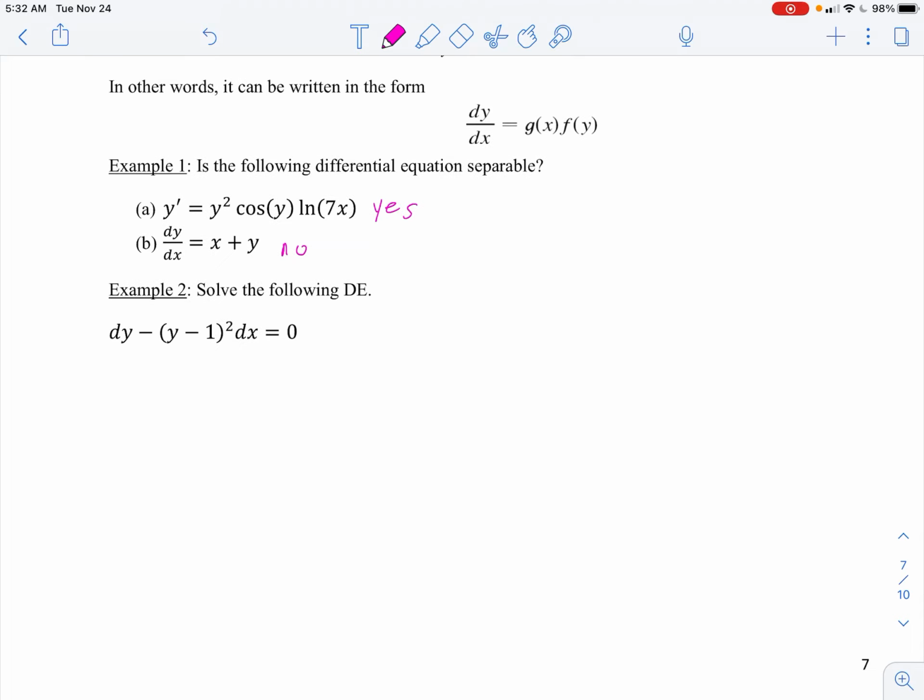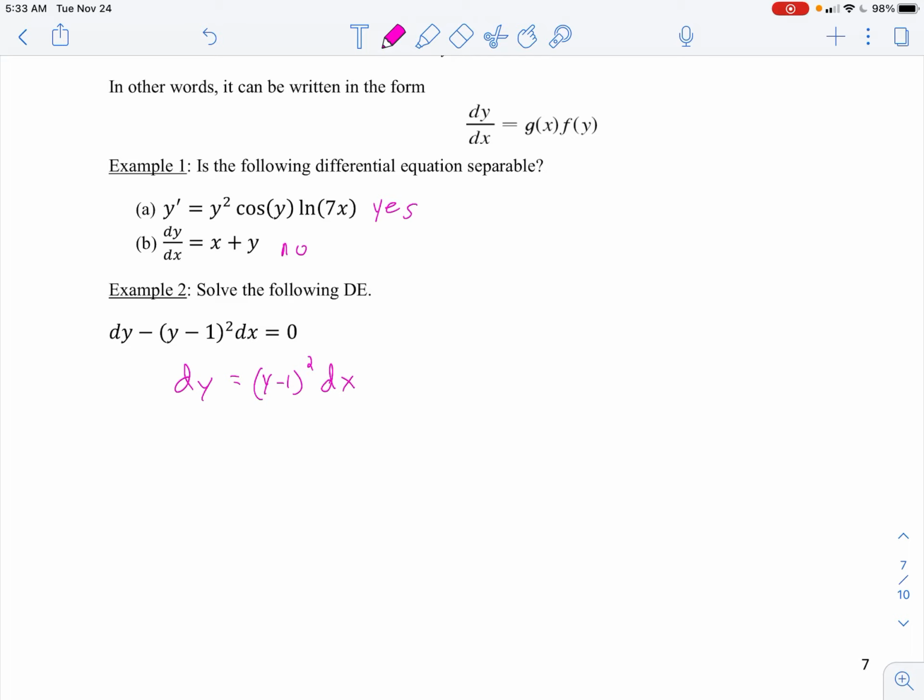So here what I'm going to do is move the minus (y minus 1) squared dx to the right side. I'm going to add it to the other side, so it's going to be (y minus 1) squared dx on the other side.